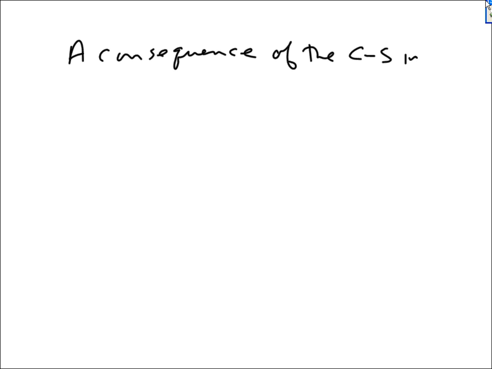It's called the triangle inequality. A consequence of the Cauchy-Schwarz inequality is the triangle inequality.